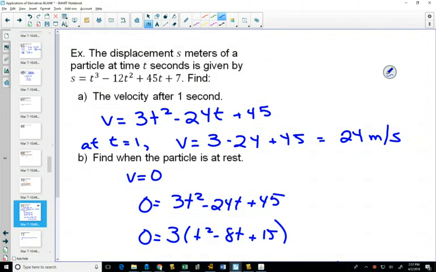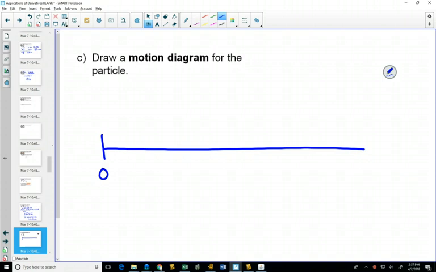If we go back to our equation, at time equals 0, it's going to be at 7 meters. So as far as setting this up, we're going to have a chart here. Maybe I'll go up to 100 just to have a scale. It's going to be starting at t equals 0, s is equal to 7. So I'm just guessing that this is around 7.